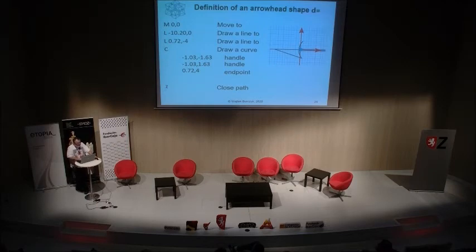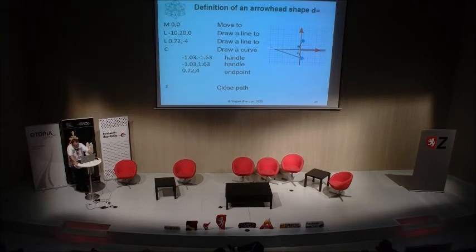Then draw a line, this L, minus 10, 20, is draw a line to this second point, another point in the coordinate system, and then put a curve from the point we already are at, with two handles, this is the Bezier curve, to the specified endpoint.